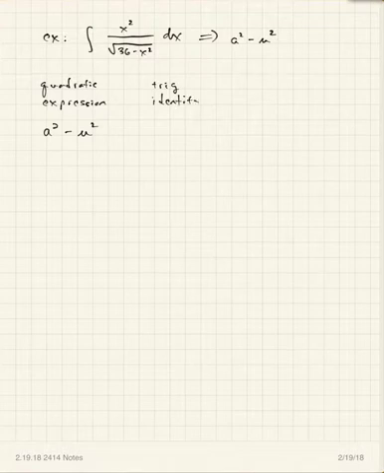The trig identity is simply a version of the Pythagorean identity for the sine and the cosine. We know that 1 minus sine squared is equal to cosine squared. So when we see a quadratic expression in the form a squared minus u squared, we're going to think of 1 minus sine squared when we try to come up with an appropriate trig substitution.